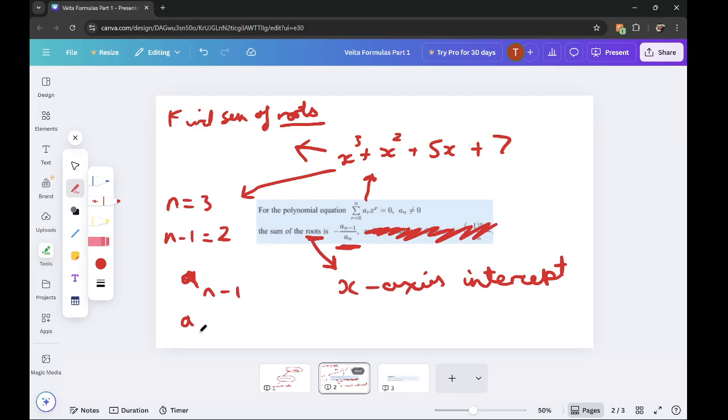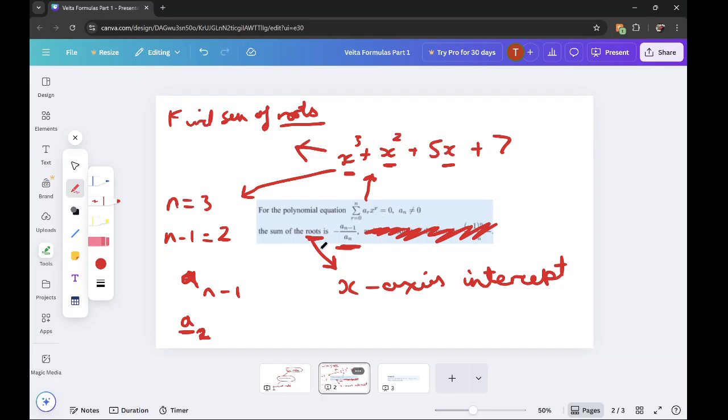So what they're asking for here is a_2. What this means is that a is not x, obviously. a is whatever is written here, the constant that goes with your variable x for each of its powers. So in this case, our constant would be 1 for x cubed. For x squared, our constant would also be 1, but for x, our constant would be 5.